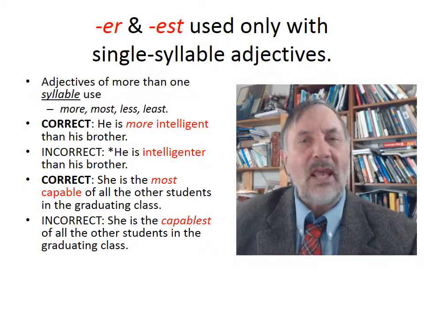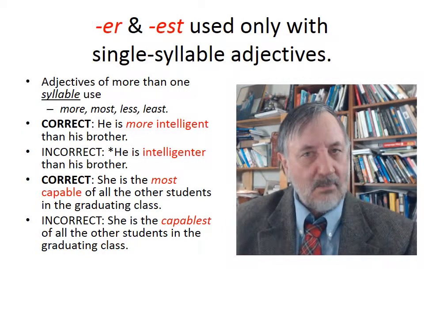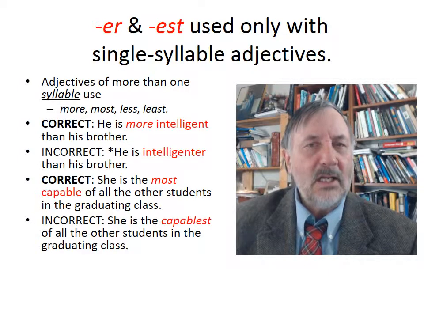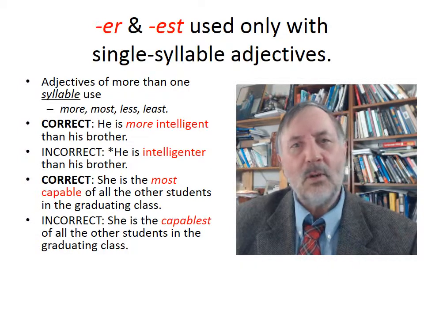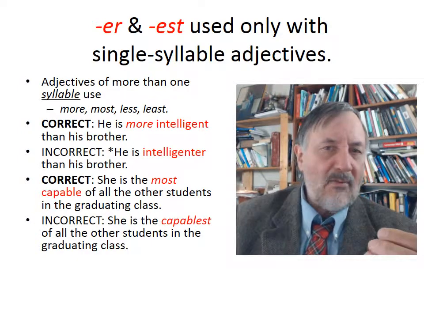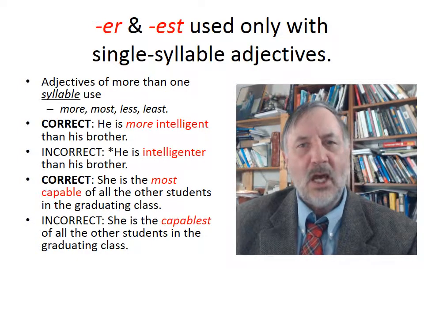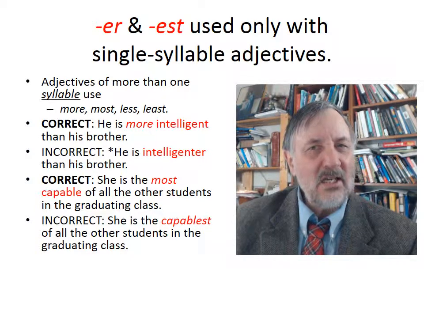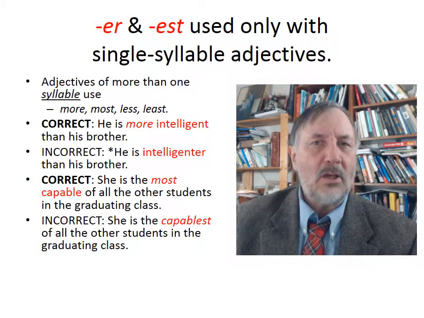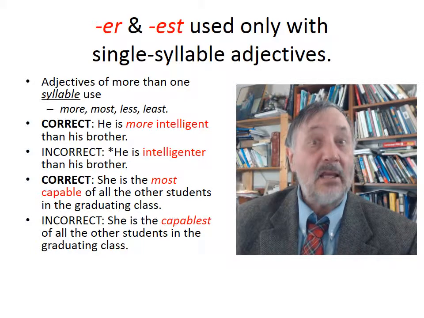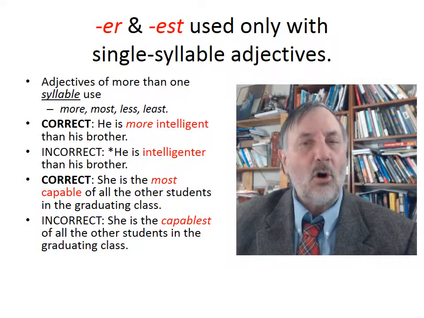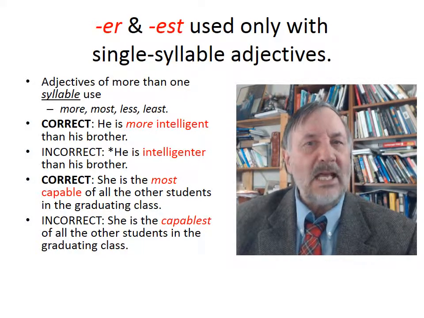So he's more capable. That's two. That's the comparative. Or the superlative, he is the most capable employee I have ever had. So remember, when you have an adjective with multiple syllables, you do not use the EST or the ER form. You use the modifying comparatives, such as more or most, less or least.